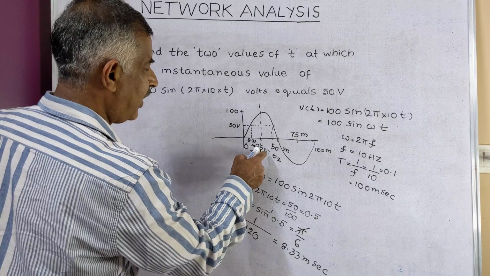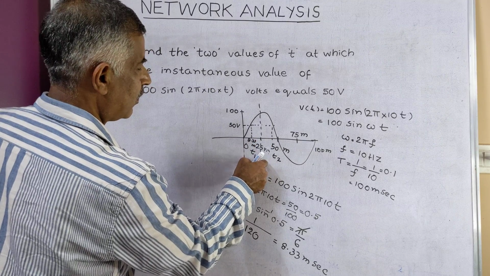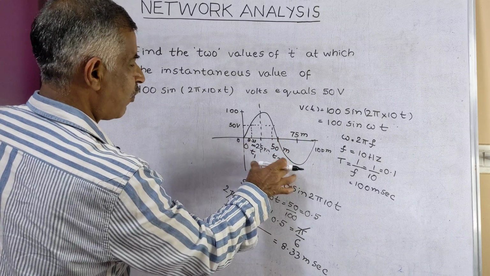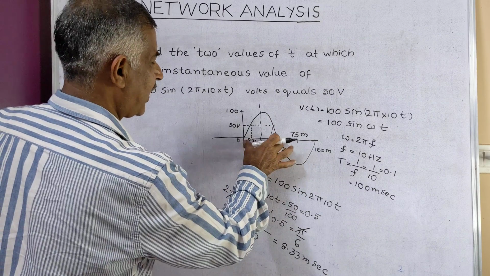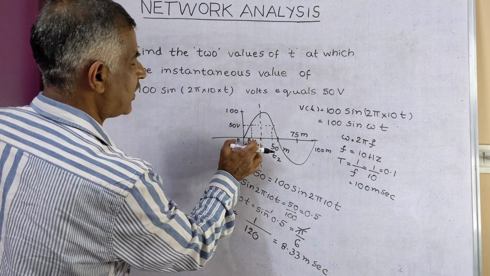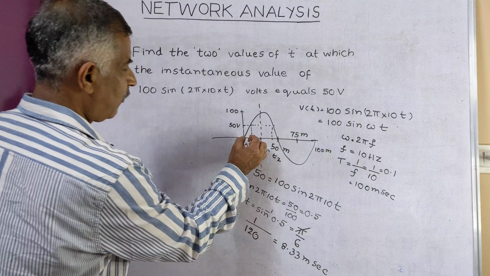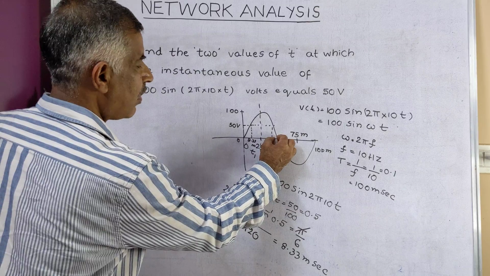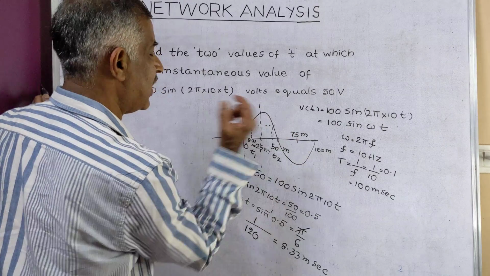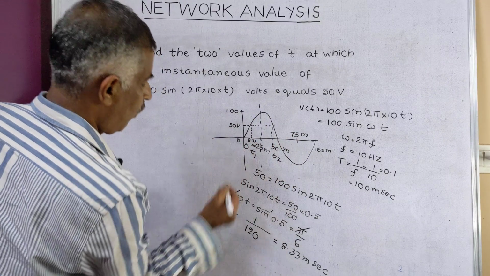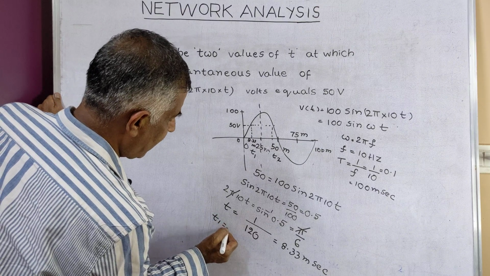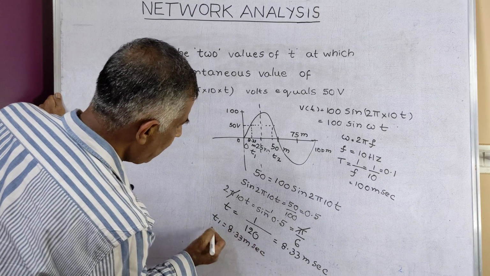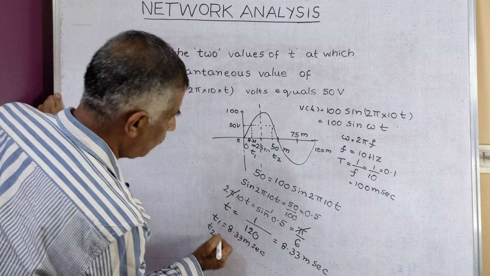So you can find this t2 by subtracting 8.33 milliseconds from 50. If this is 8.33 milliseconds duration, this also has to be 8.33 milliseconds. Therefore, one value t1 is 8.33 milliseconds. The other value of t is t2.